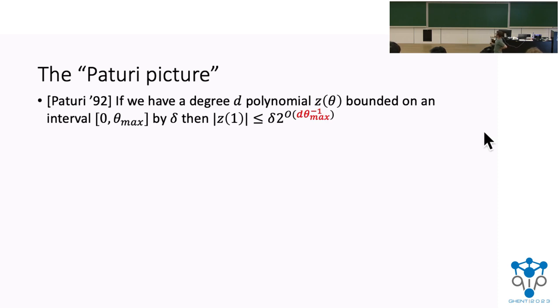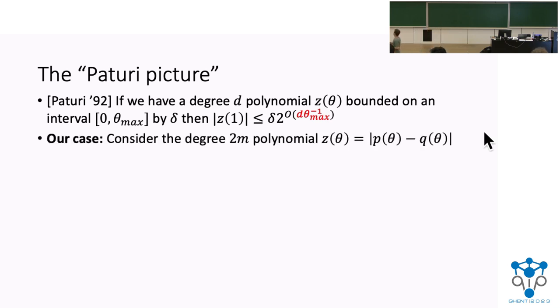It says if you have a degree d polynomial, I'll call it z of theta, bounded on a tiny interval of the unit interval 0 through theta max by little delta, then all the way at 1, z of 1 has to be less than or equal to delta times 2 to the degree times 1 over theta max. So how does this apply to our case?